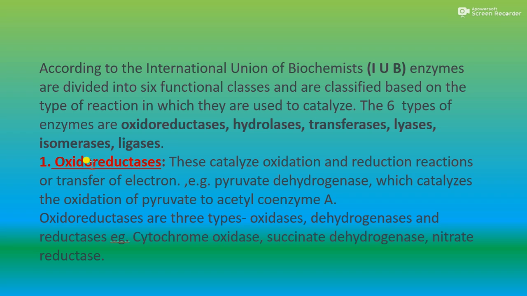The first type is the oxidoreductases. These catalyze oxidation and reduction reactions, or you can say transfer of electrons. An example is pyruvate dehydrogenase, which catalyzes the oxidation of pyruvate to acetyl coenzyme A.